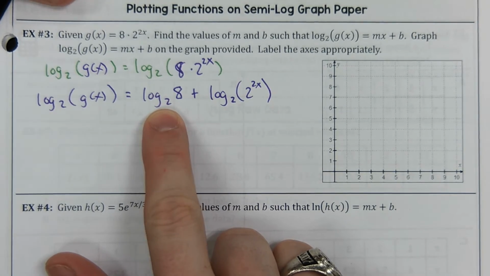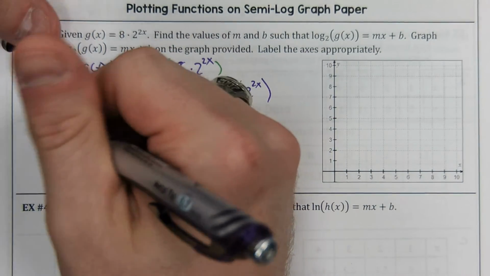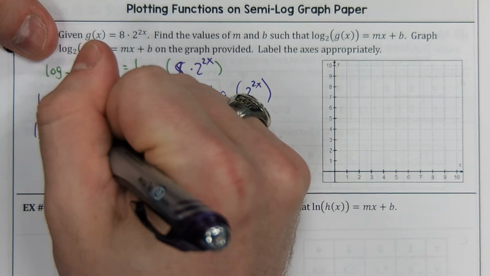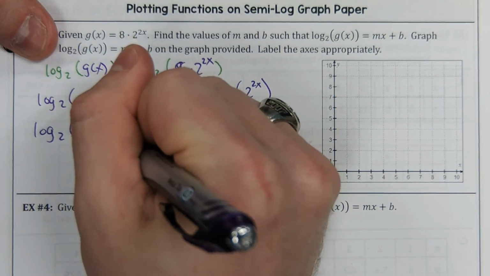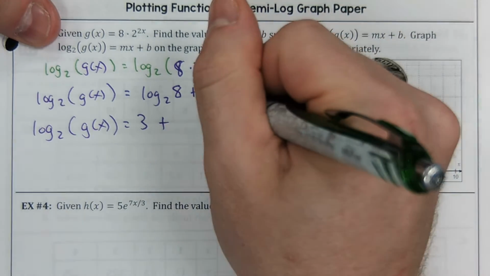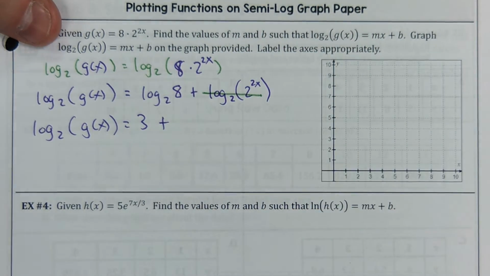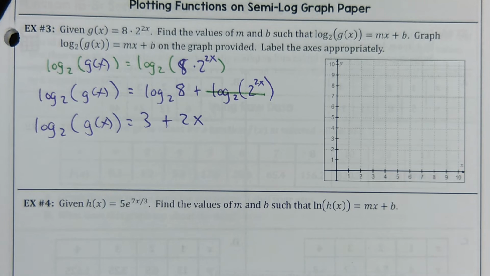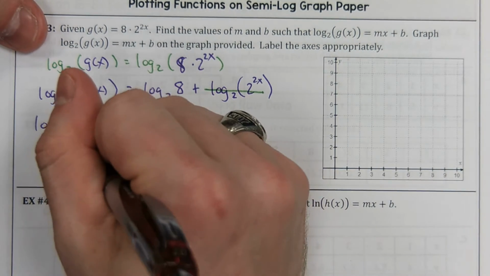What does log base 2 of 8 equal to? It is equal to 3. And just like last time, log base 2, going to cancel exponential base 2, dropping down my 2x. So then what is our slope? The slope is 2.